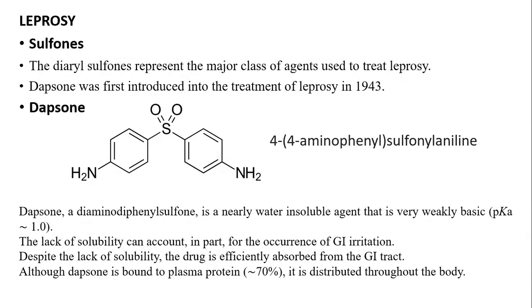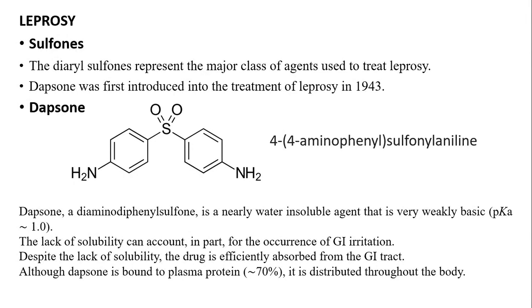The primary sign of leprosy is skin lesions. If leprosy in the initial stage is not treated, then it causes permanent damage to skin, nerves, limbs, and eyes.